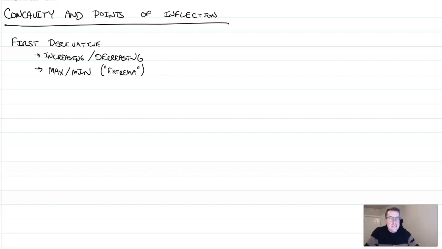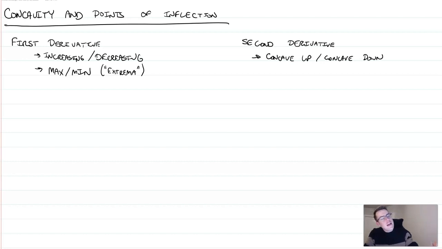What we're going to be doing today, which is going to be from the second derivative, this is going to tell us about a function being what we call concave up and concave down, which I'll explain what those both are in a second, as well as the point of inflection.